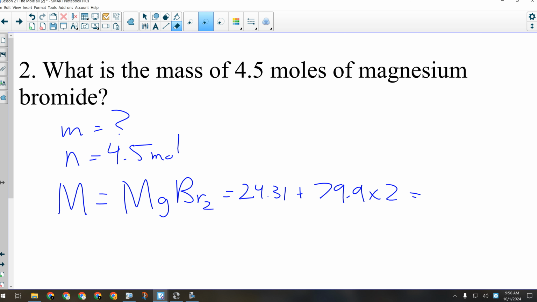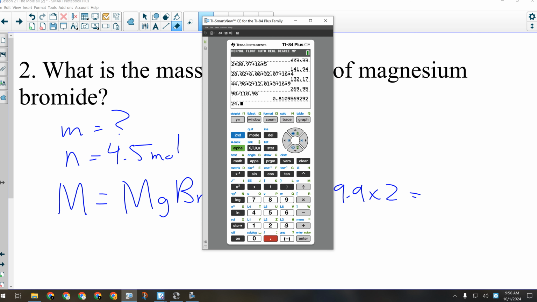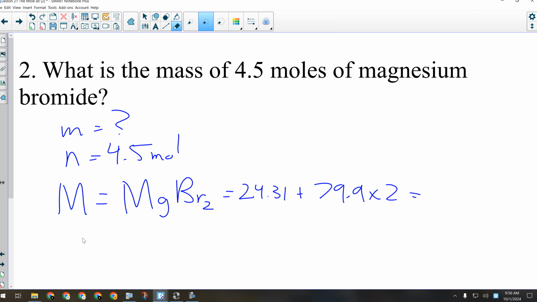Not going to mental math that one. 24.31 plus 79.9 times 2 is 184.11 grams per mole. All right, 1 mark for my givens.